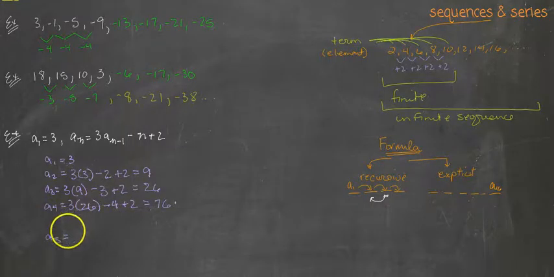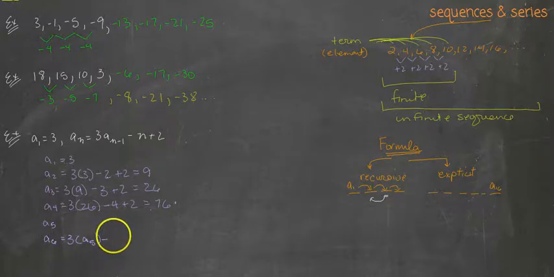So let's try to do a sub 5. A sub 5, we're going to skip, and let's try to do a sub 6. So that's 3 times a sub 6 minus 1, which is a sub 5, minus n, which is 6, plus 2. So notice what happened.